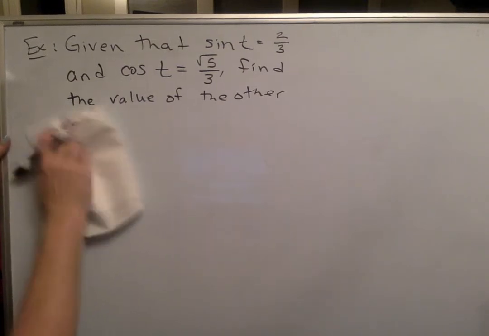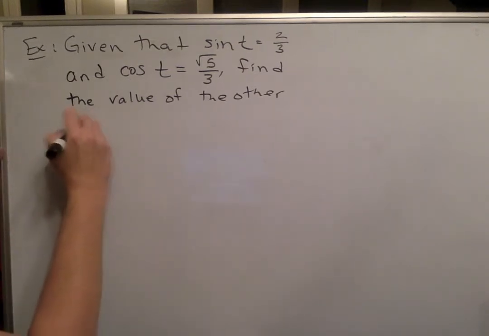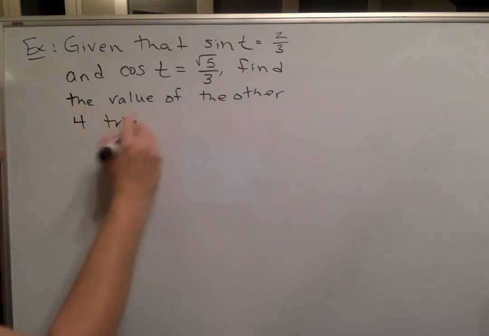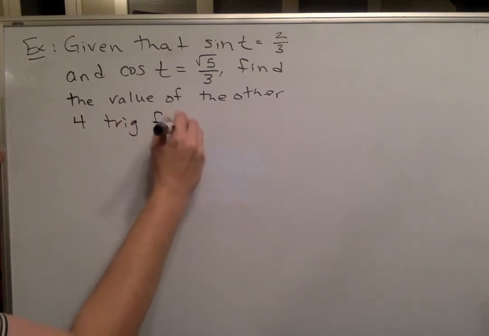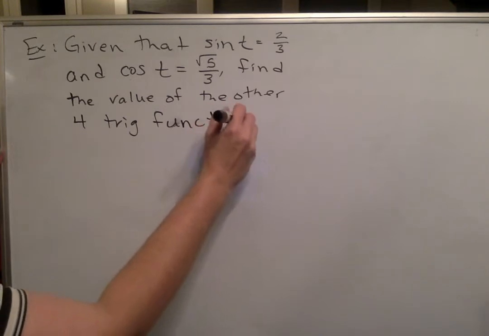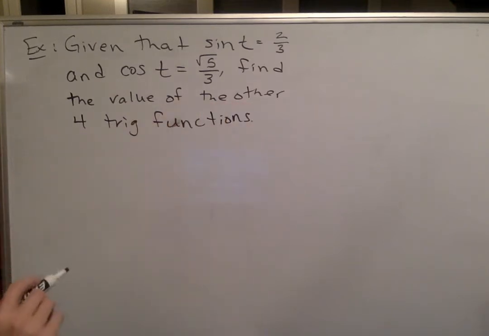We already know 2 of them, so we only have 4 more to go. Now, this is where we will start by using, for sure, the reciprocal identities.